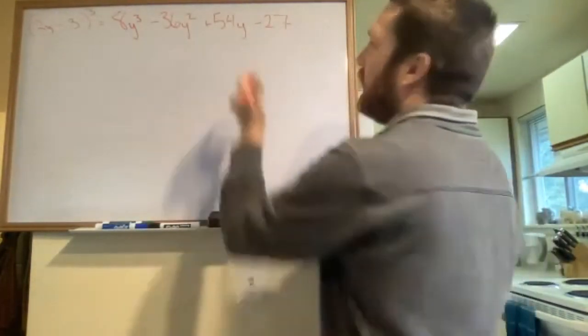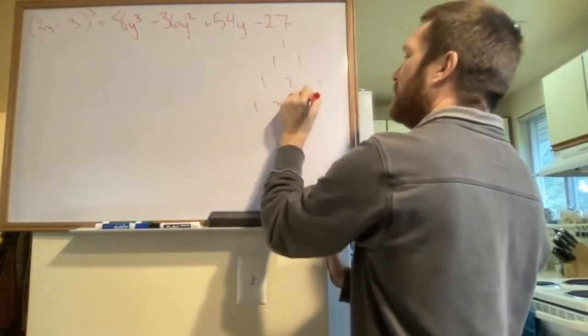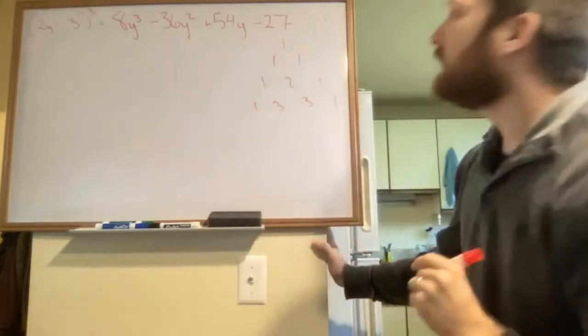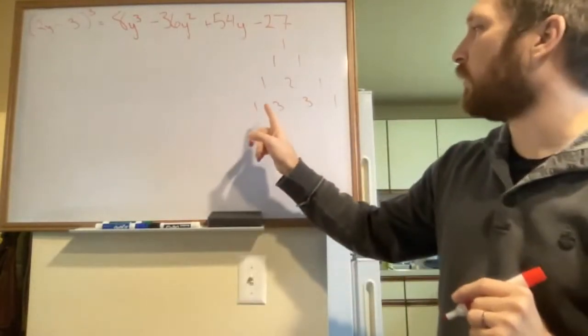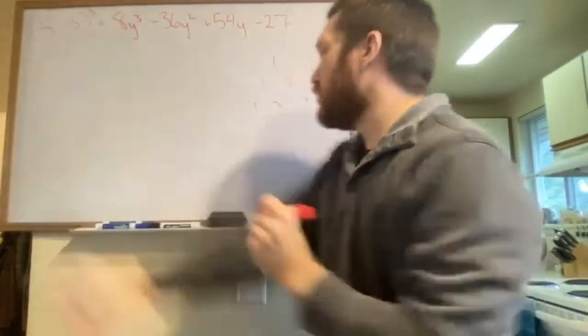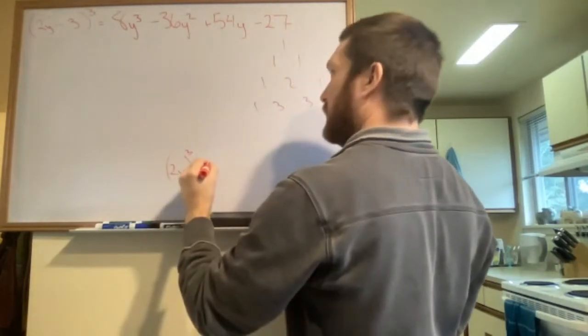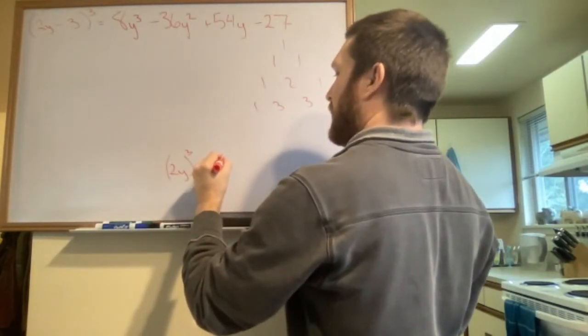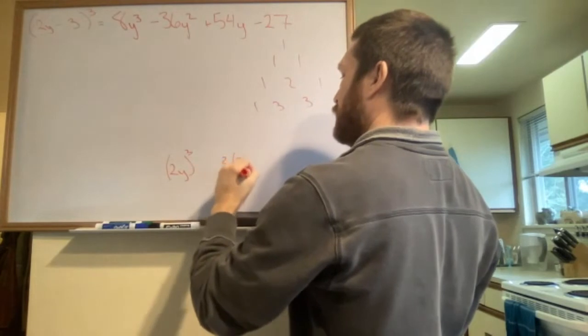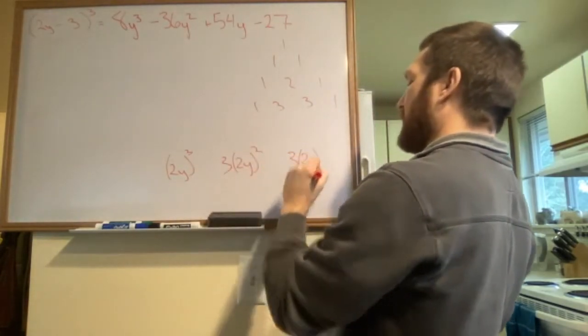There's the lazy way where I go, okay, 1, 1, 1, 2, 1, 1, 3, 3, 1. And then I could go, okay, well, I would have a 1, 3, 3, 1. And it would go 2y cubed. We would have a 3 and a 2y squared, and a 3 and a 2y.